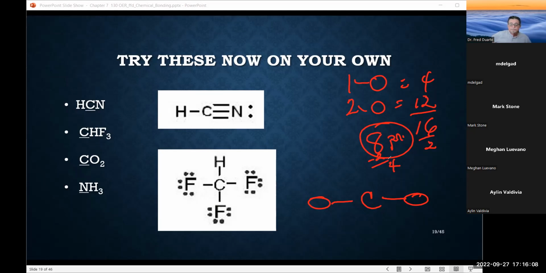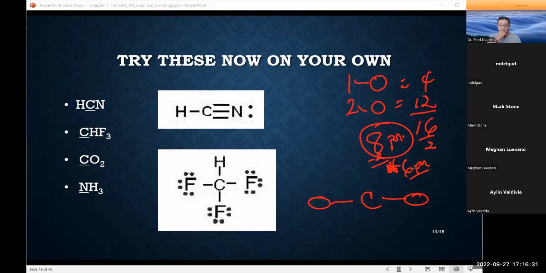Okay. So now the question is, excuse me, I can't even say that. Somebody didn't catch my math here. 8 minus 2 is 6 pair. 6 pair left. If you're not careful, you can easily make a mistake with your valence electrons. But at the end, it'll show up. You hopefully pick it up.